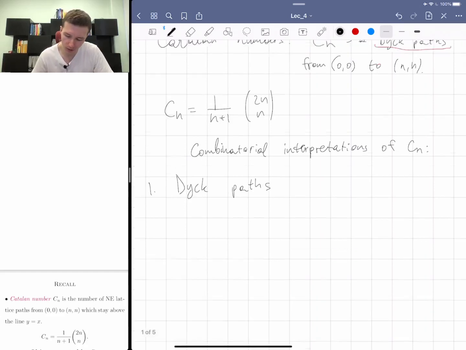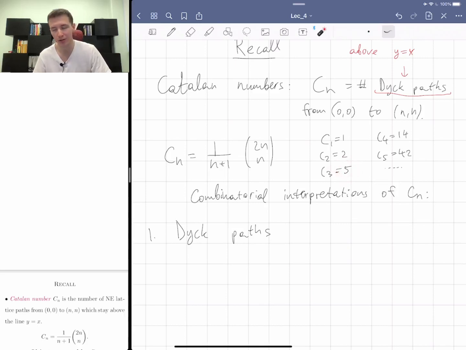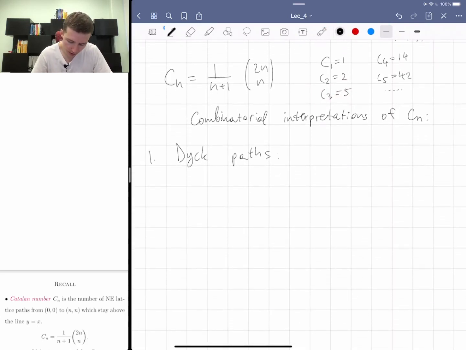The sequence goes C1 is equal to 1, C2 is 2, C3 is 5, C4 is 14, and then it goes 42, and so on. So I'm going to draw the corresponding 5 objects for each interpretation. For Dyck paths, I already did this last time.